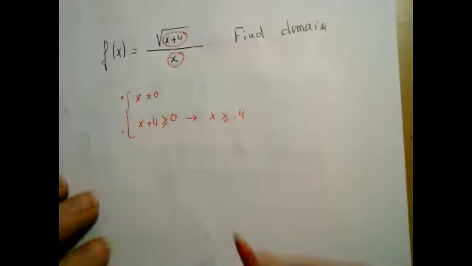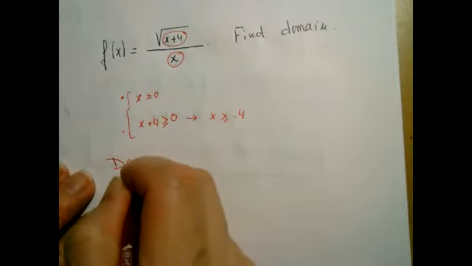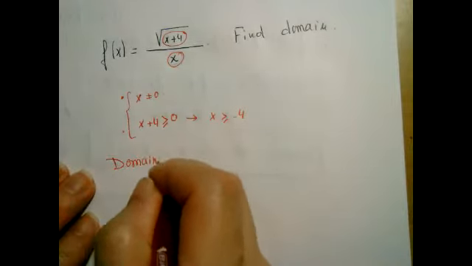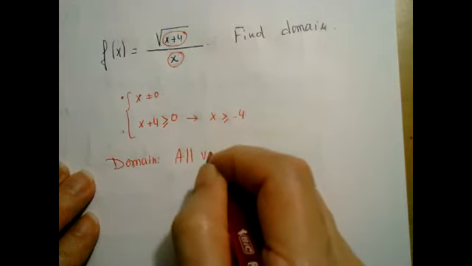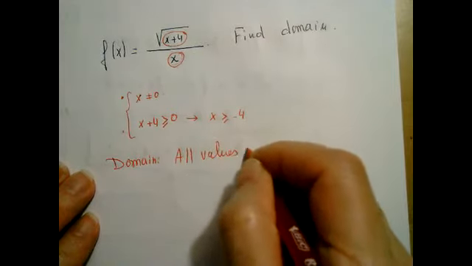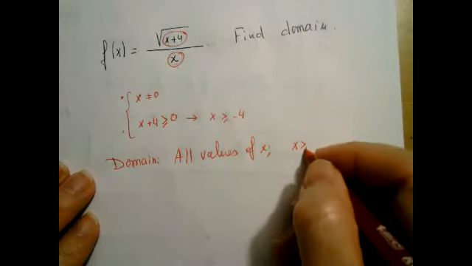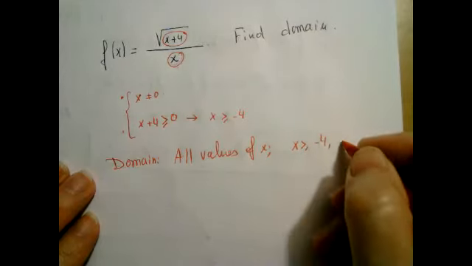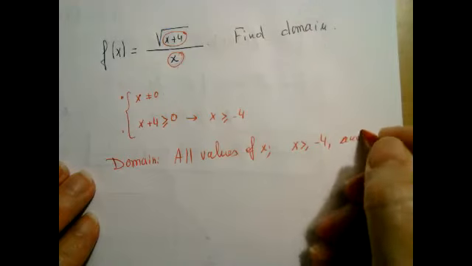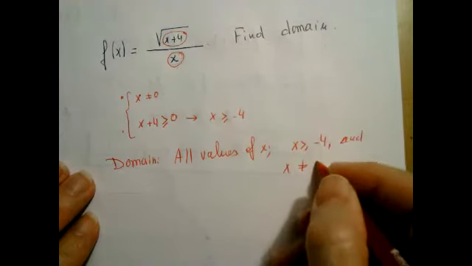So there are two issues here. So the domain here will be all values of x such that x is greater than or equal to minus 4 and x is different from 0.